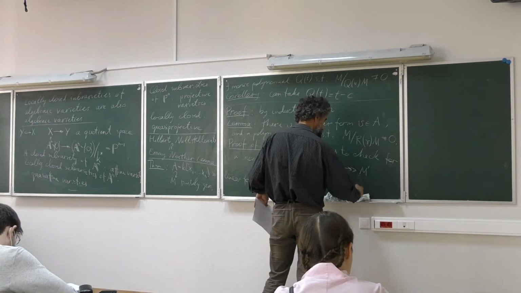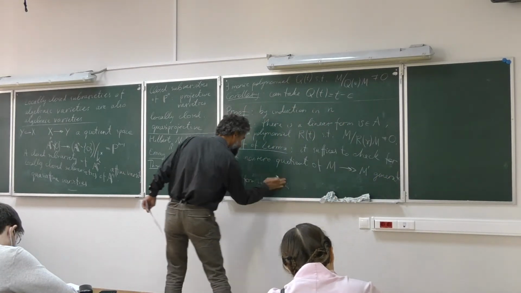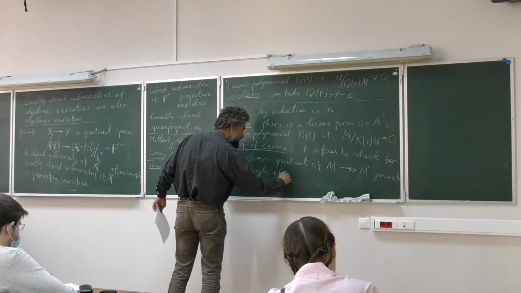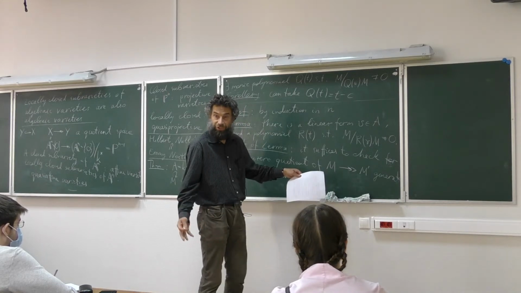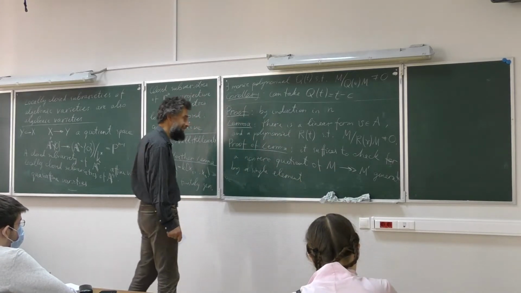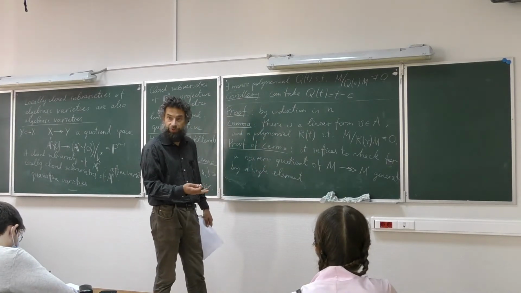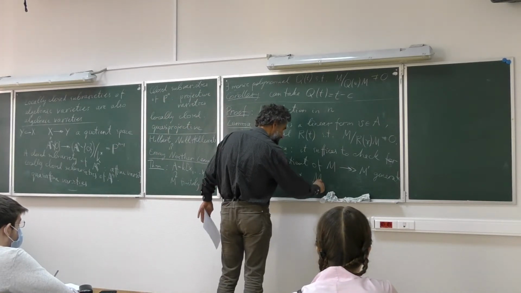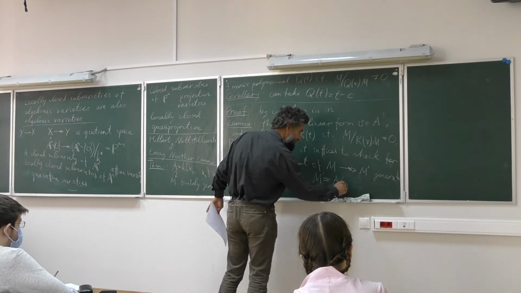Say M prime generated by a single element. So M is finitely generated, and its quotient is also finitely generated. But then, if it's generated by three elements, let's kill one of them, then another one, and we're left with the singly generated module. But then, if it's generated by one element, then it's isomorphic to the quotient of our ring itself by some ideal, right? So M prime is isomorphic to A modulo some ideal J.